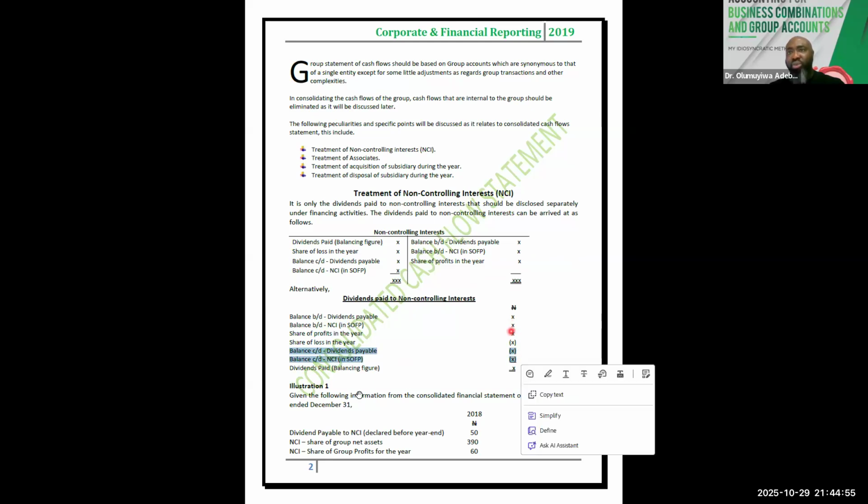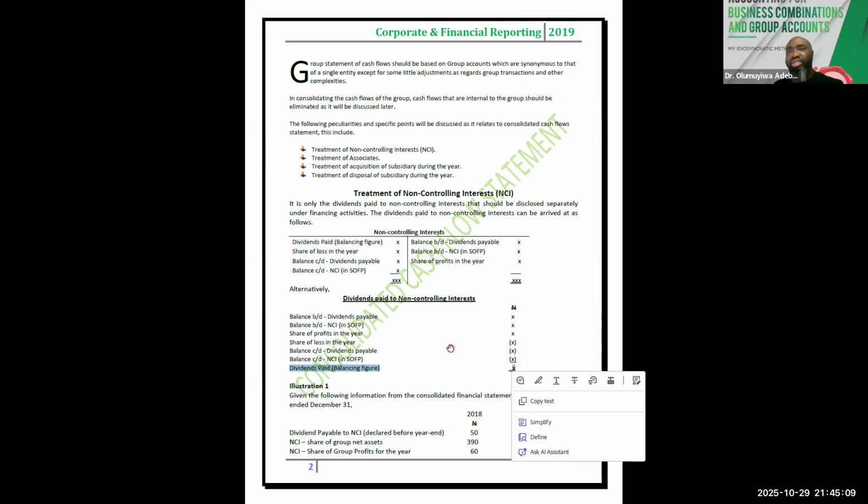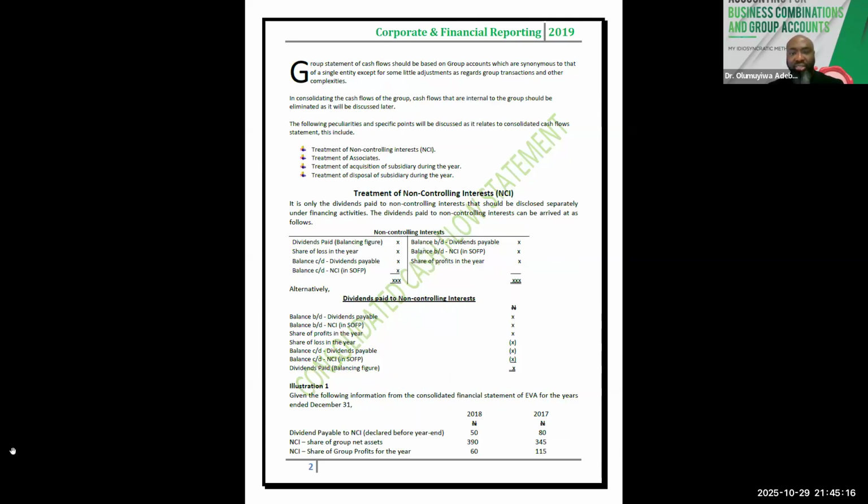But once it's not equal, the movement is the balancing figure, which is the dividend paid to the non-controlling what? Interest. Now, let's look at this illustration. I'll copy this illustration and put it on our Excel sheet, and we'll use it to demonstrate our understanding.